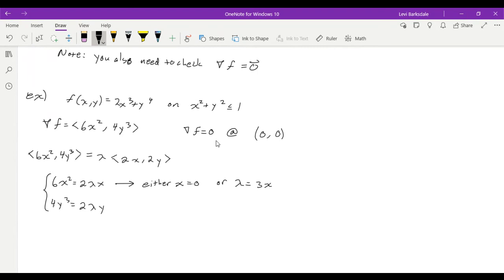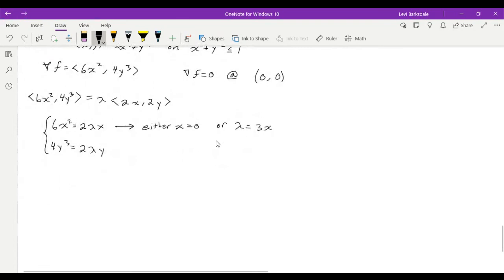It's almost like we start making this little tree. So if we start out with 6x squared is equal to 2 lambda x, we can do the first thing, which is x is equal to 0.